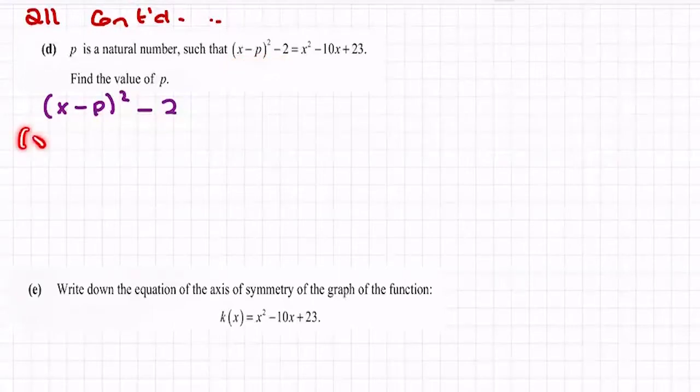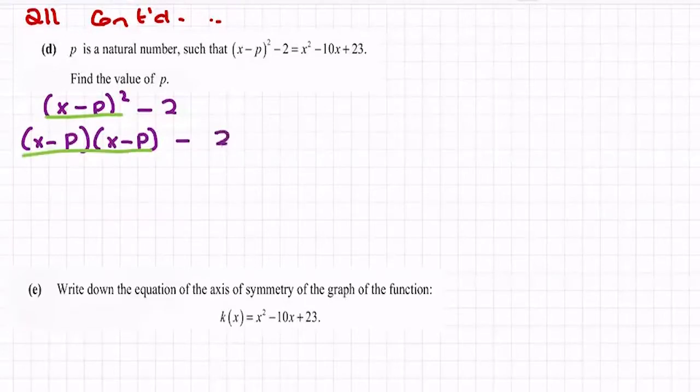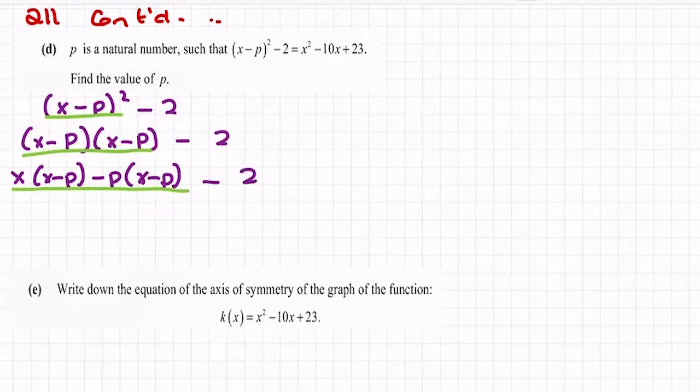So let's do that. That's x minus p by x minus p. Okay, that's that one. And then of course I'm going to stick my minus 2 on the end. So this is x by everything in the second bracket minus p by everything in the second bracket. And of course the minus 2. So x by x, x squared.